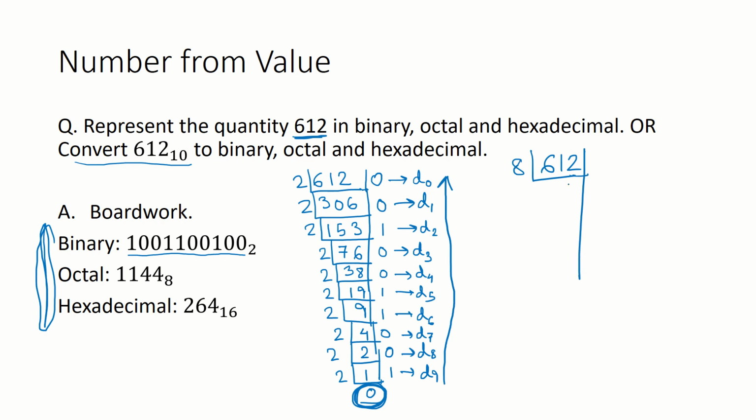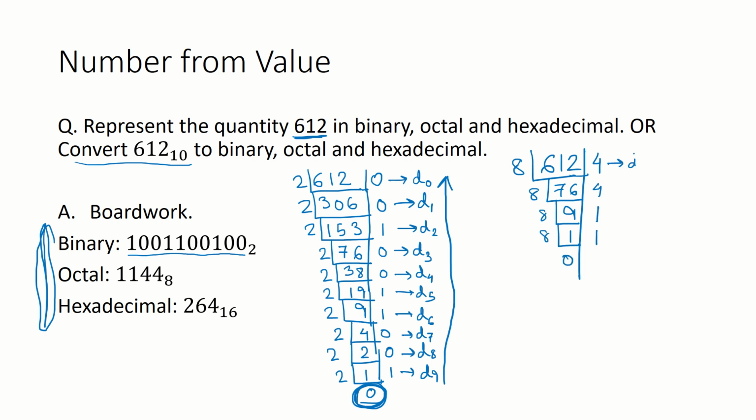So, what would be the number here? 8 7s are 56, 8 6s are 48, remainder is 4. Next you again divide by 8, you will get 9, remainder is 4, again 8 1s, remainder is 1, 8 0s, remainder is 1.